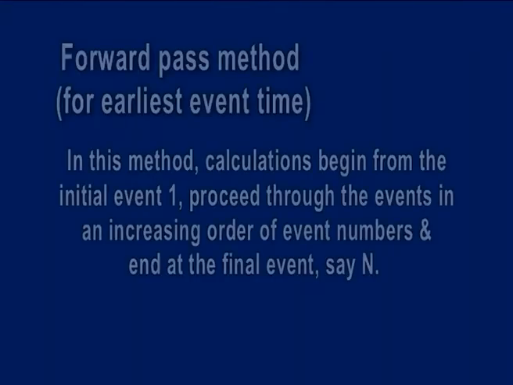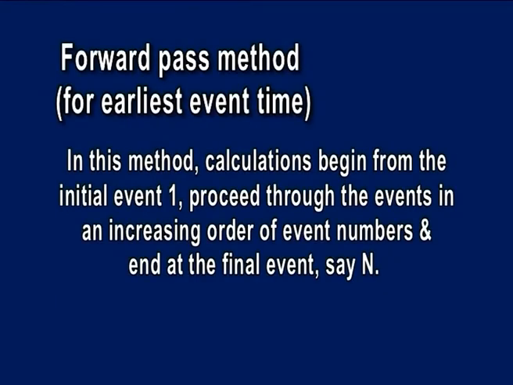Forward and backward pass method. Firstly, let us understand the forward pass method. This is for the earliest event time. In this method, calculations begin from the initial event 1, proceed through the events in an increasing order of event numbers and end at the final event, say n.